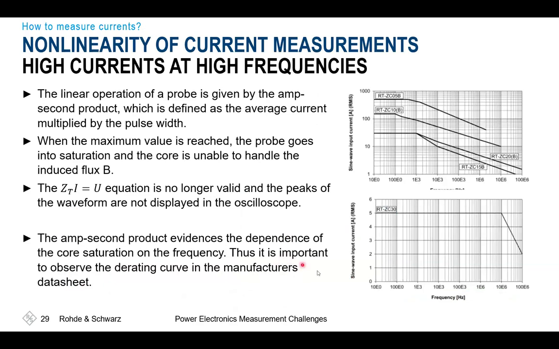Going back to the traditionally used current probes using a ferrite core inside, if you look in the data sheets, you'll find these saturation curves. And please ensure that you're not exceeding these values. That's quite important to be aware of. We'll have a derating over frequency because the losses of the ferrites will increase over frequency, and thus these probes will heat up.